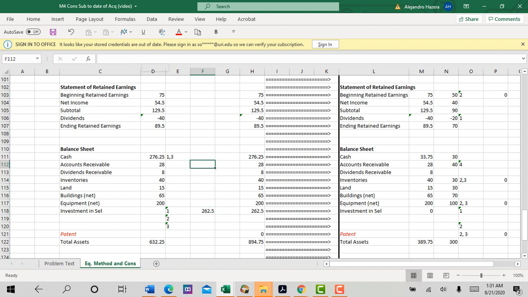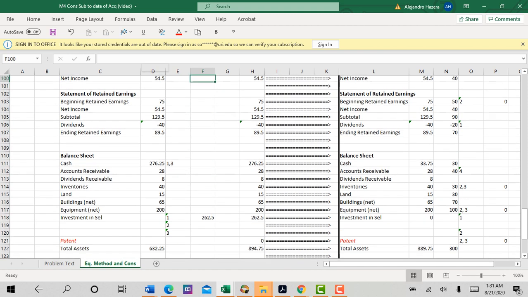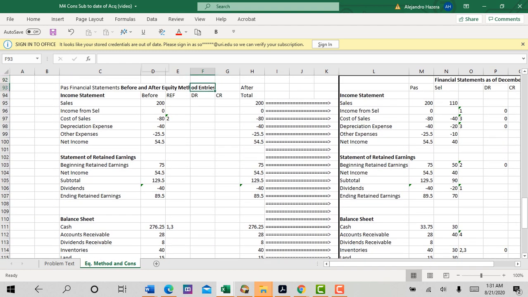And we're going to credit cash for 262.5 right there. So we don't have a lot of cash left on the balance sheet.